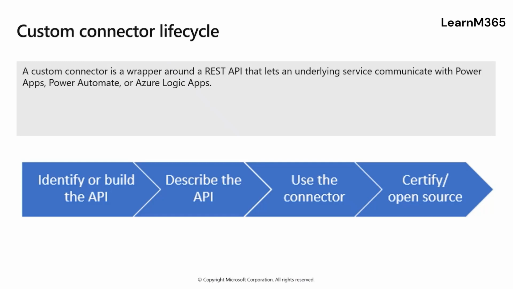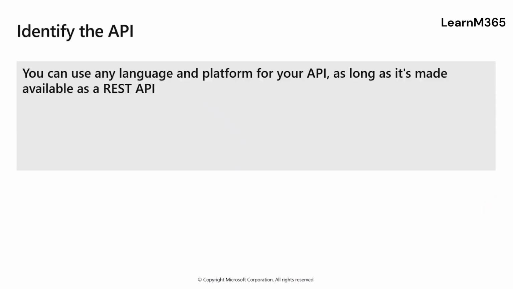So basically, what you are supposed to perform to create a custom connector, the lifecycle: identify or build the API, describe the API, then use the connector, and if you want, you can make it certified or make it an open source connector. So the first task is to check the connector reference to determine if a suitable connector already exists for the API or that service.